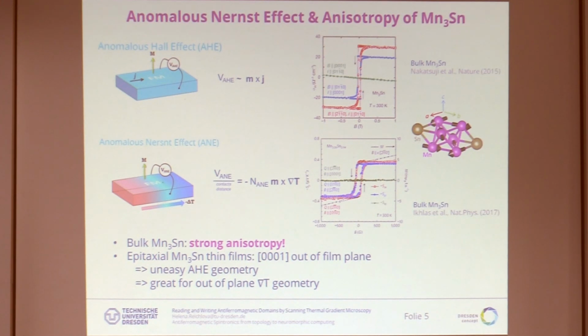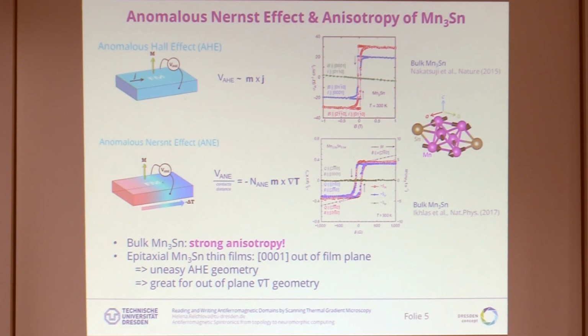And it turned out that the epitaxial, nice, high-quality thin films are growing very happily with the 011, with the c-axis to out-of-plane direction. So then one can immediately forget about this geometry, because when one would send the current in plane and have the magnetization to out of plane, then obviously we are in this scenario where we don't expect anything.